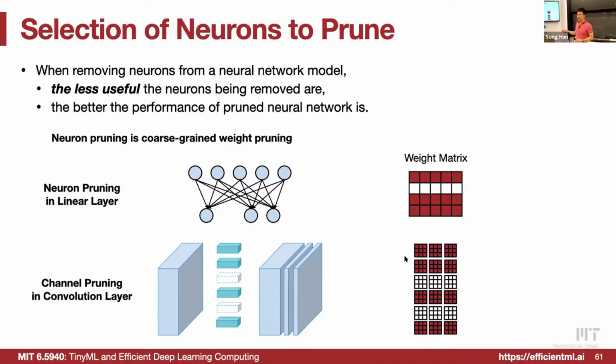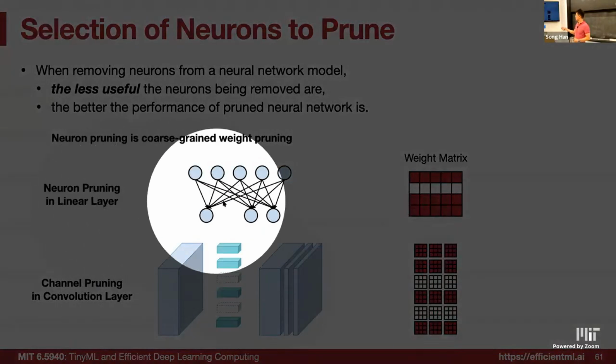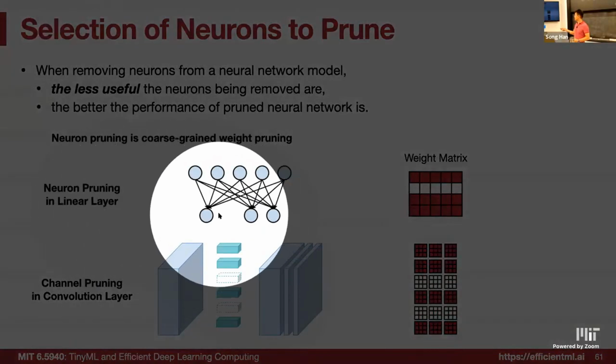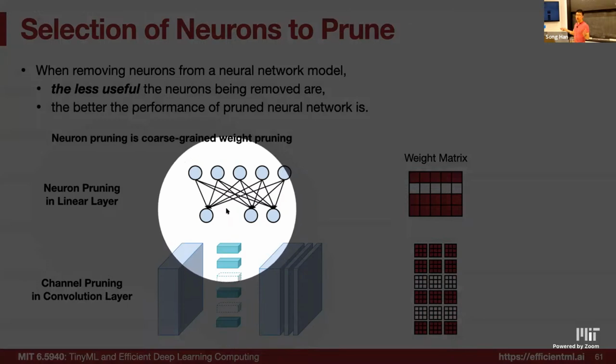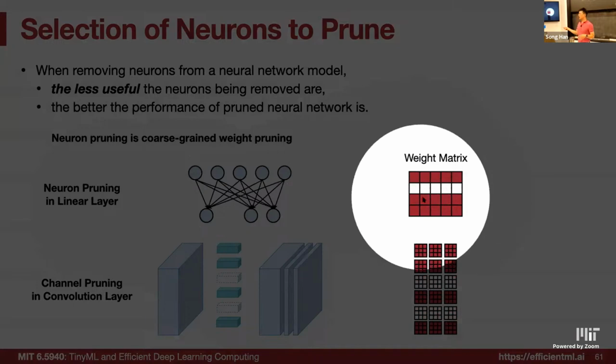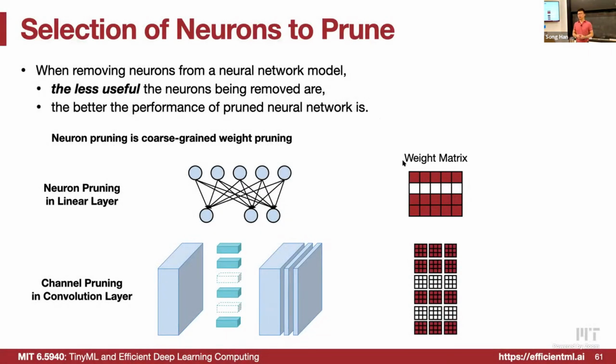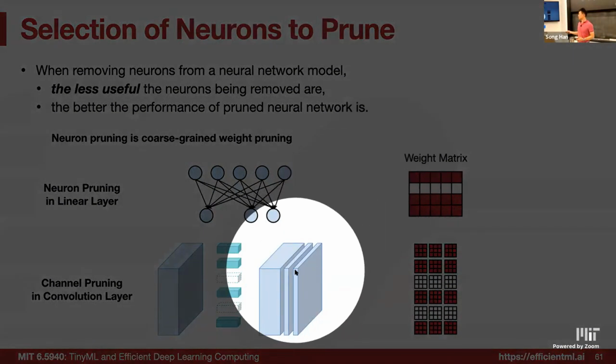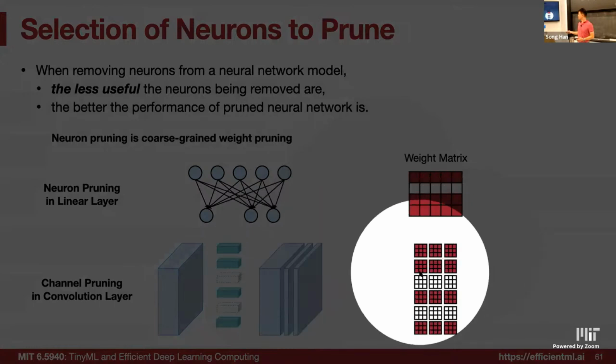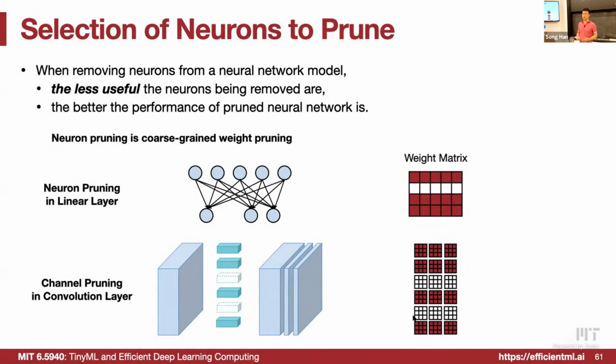For example, in the linear layer right here, removing one neuron means we are removing all the weights associated with this output neuron, meaning that we are removing one row in the weight matrix. Similarly, in a convolution layer, when we are removing some of the output channels, it also means we are removing the entire kernel corresponding to that channel.